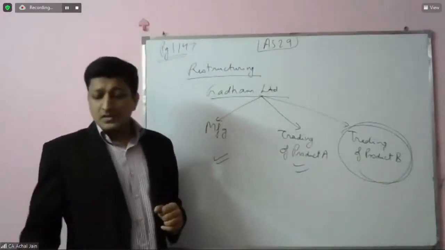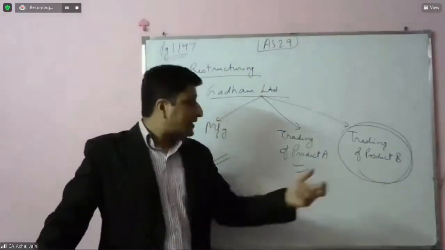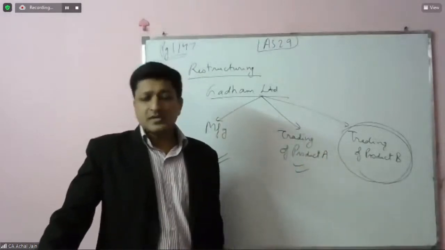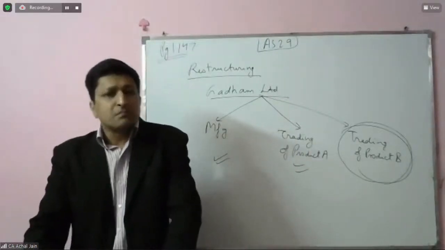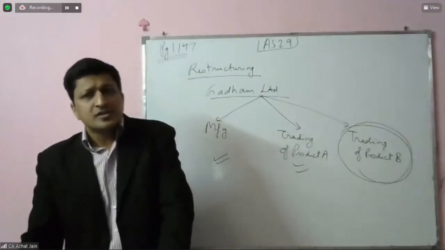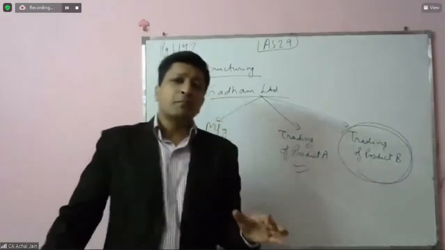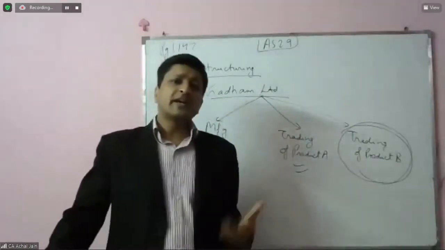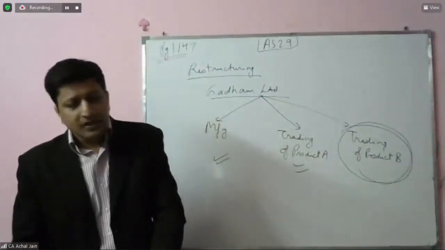Some of the staff members may have to be retrained so that they can now work on some other part of the company or some other business line. A company may also have some marketing costs and may also require some new investments in new systems, in new networks. Those costs do not form part of this type of restructuring. So whenever we consider creating a provision for restructuring, those costs will not form a part.